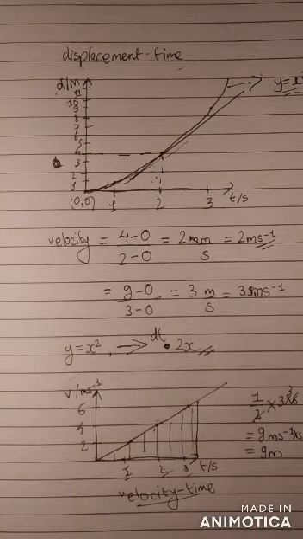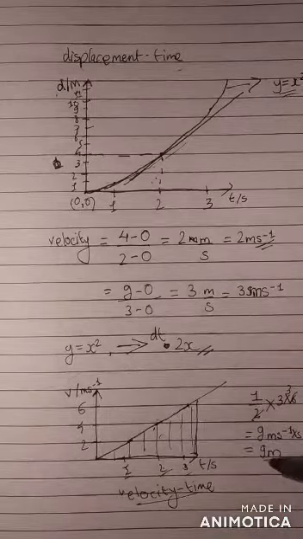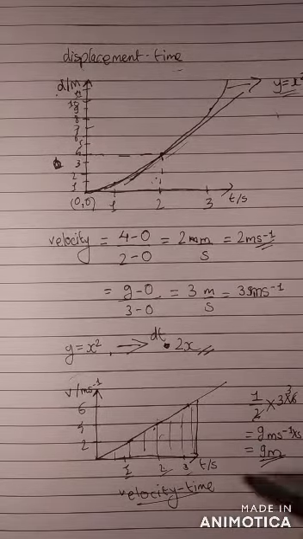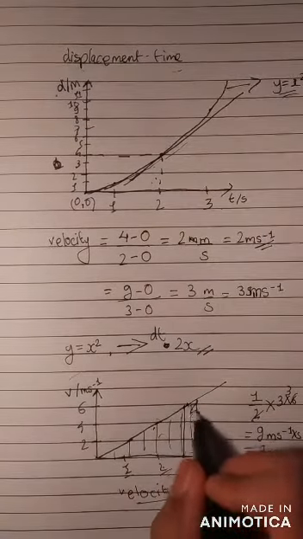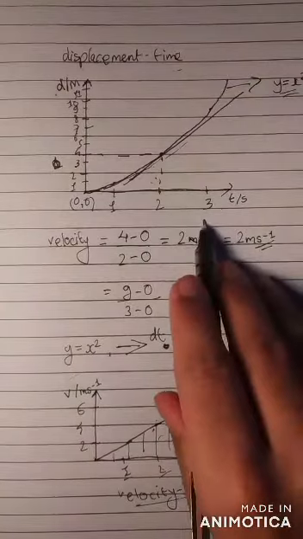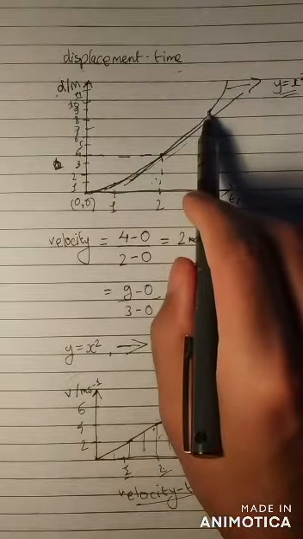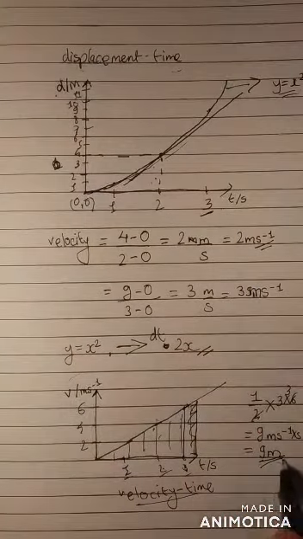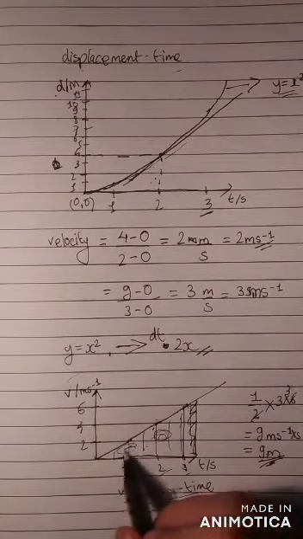Now we have connected this in such a way that we got the distance till 3 seconds, and if we compare with this graph, in 3 seconds the distance was 9 meter, correct? So we got the distance 9 meter by the area enclosed inside the graph.